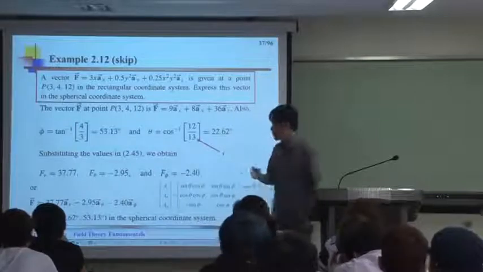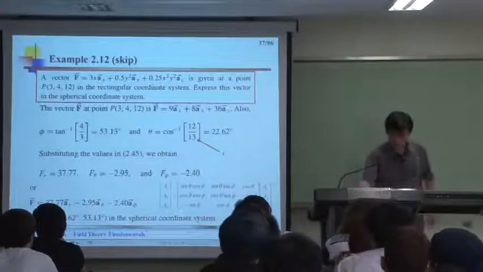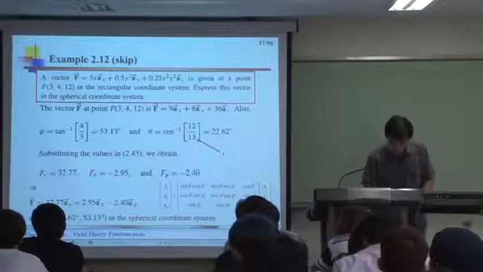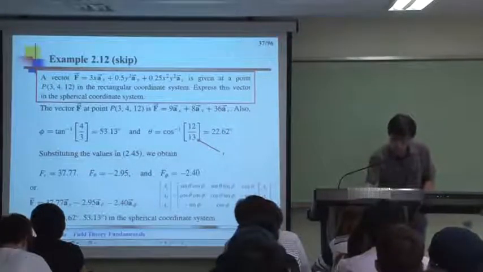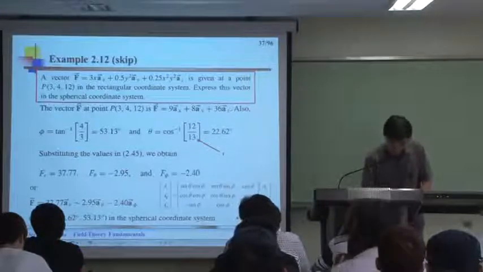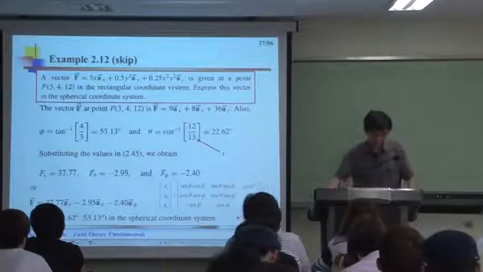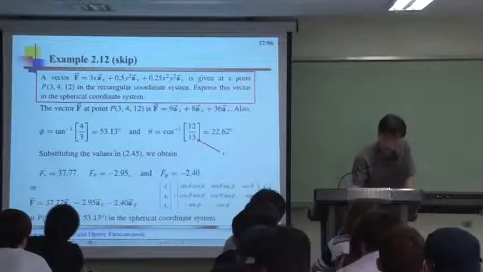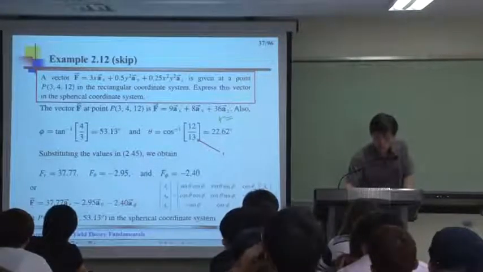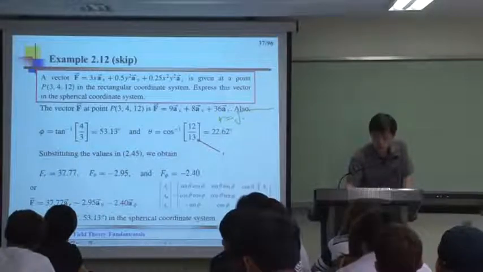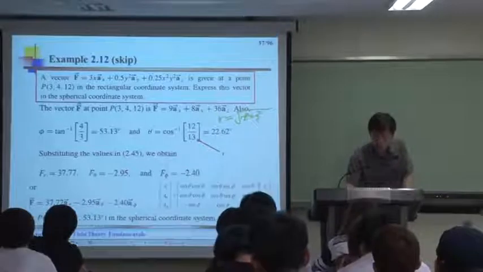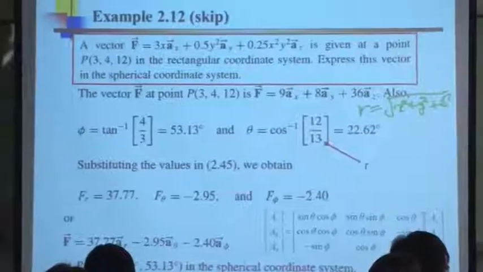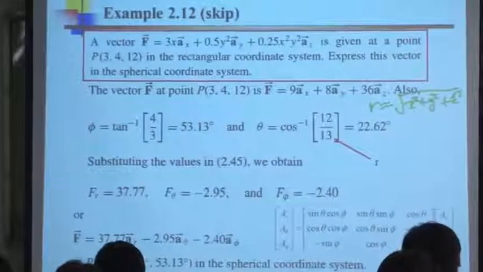Okay, so what is R? From the Pythagorean theorem, you know R is given this way: square root of x square plus y square plus g square. It is R. And also theta and phi.